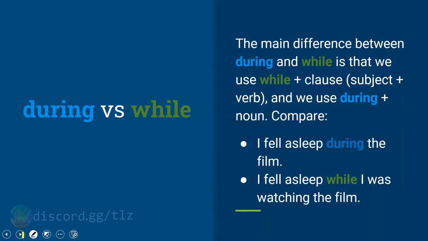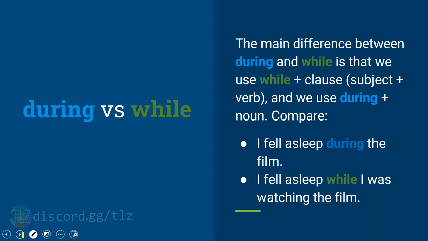The main difference between during and while is that we use while with a clause, and we use during with a noun, and also the explanation I gave earlier, with the simultaneous actions and the not simultaneous actions. So I fell asleep during the film. That's like what I was trying to explain that time. And I fell asleep while I was watching the film.